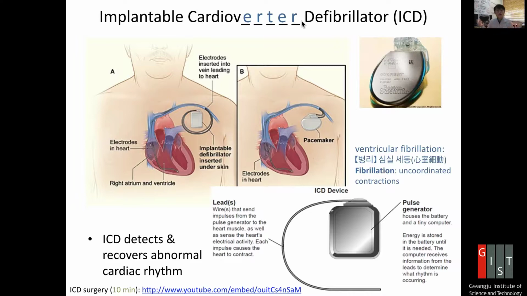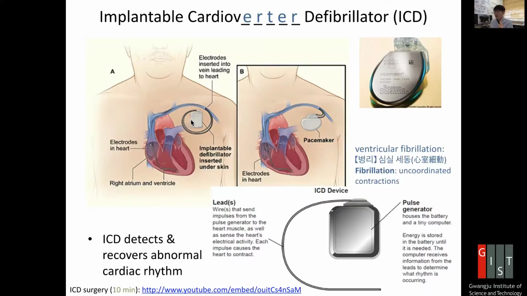And what's the difference between the pacemaker and this ICD? They look quite similar up front, but the goal of the pacemaker is to make the heartbeat regular. So it just sends out a regular signal for the heart to contract, while the defibrillator has to listen to the heart's ECG in real time.